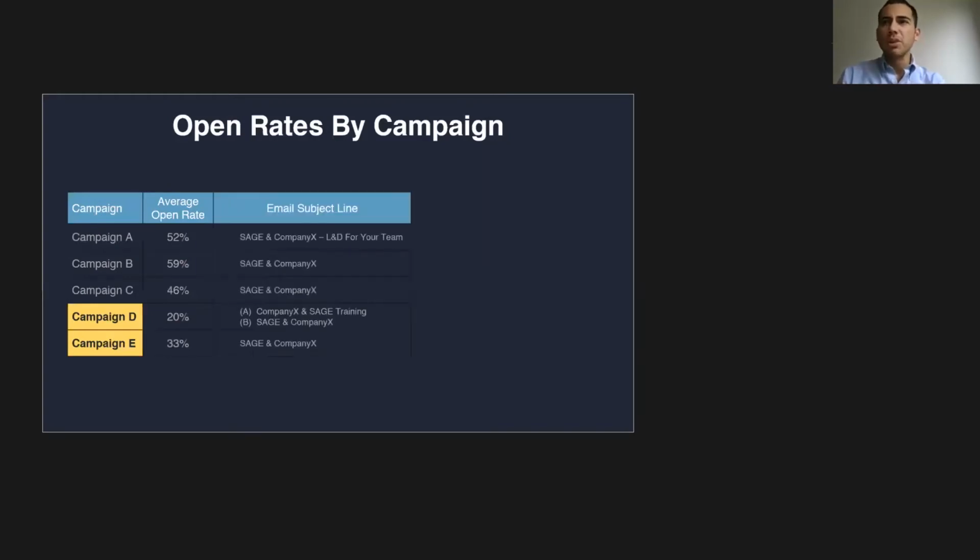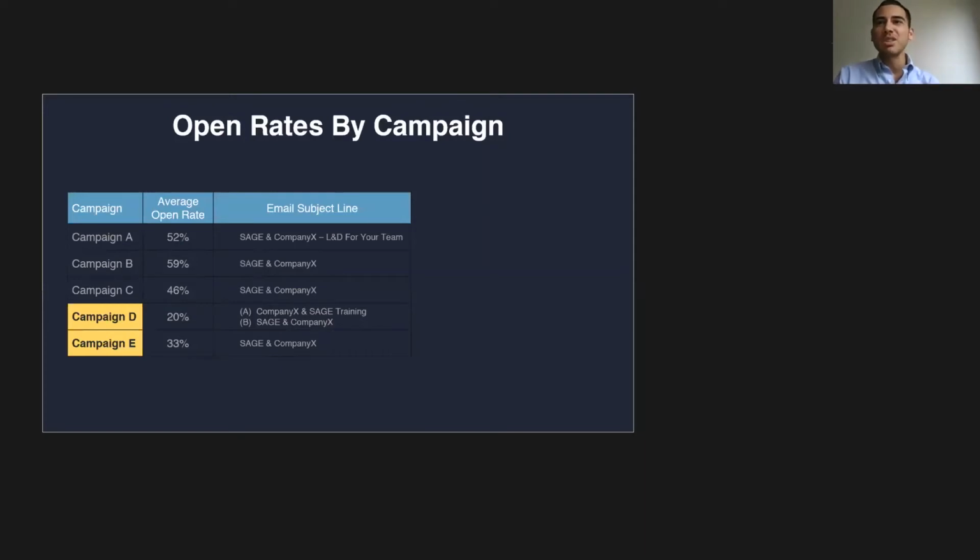We were looking at subject lines, and we really committed to using one base subject line for the whole year. So we have very good consistency with our subject lines, which allows us to get good data on other variables.